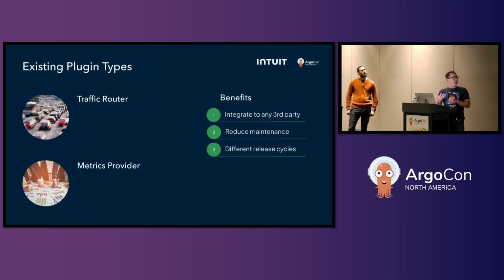The other nice benefit is that maintaining these plugins is an extremely complex task. And so from the open source side, being able to distribute that workload to you all, who can become maintainers of various traffic router plugins, is a great benefit to the open source project.